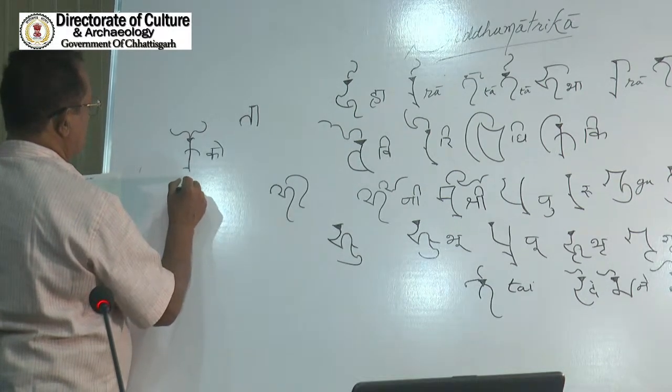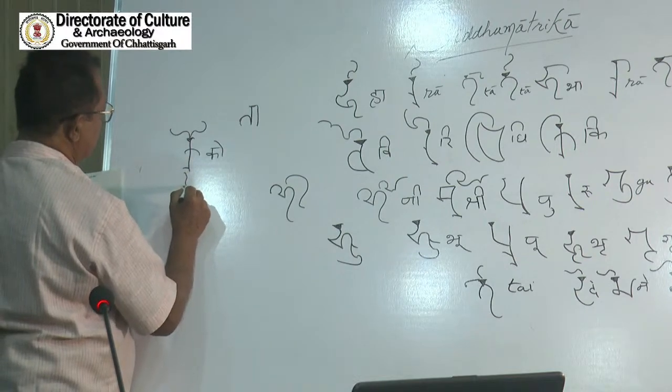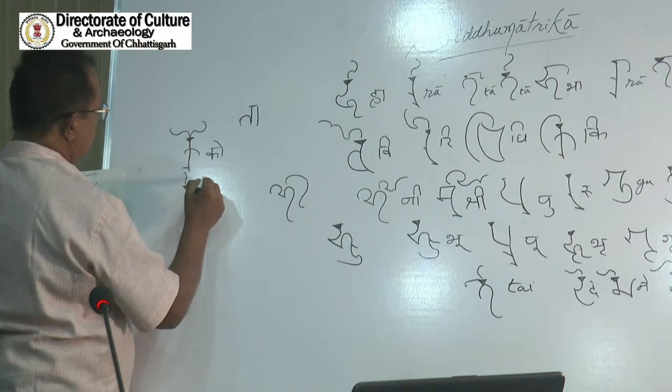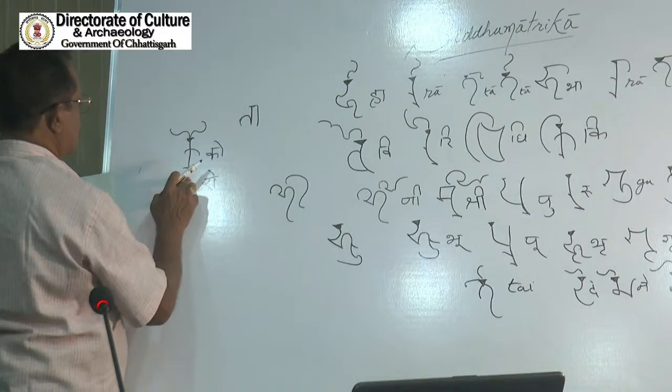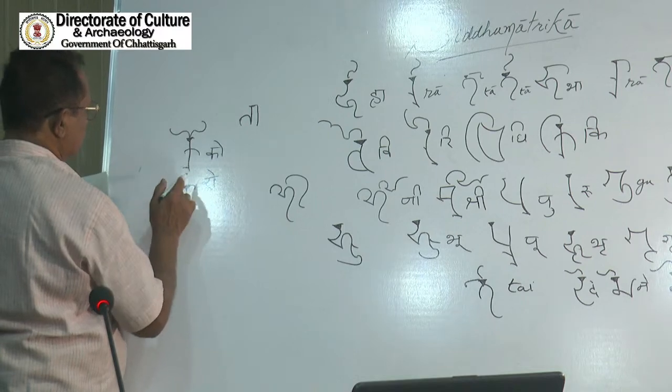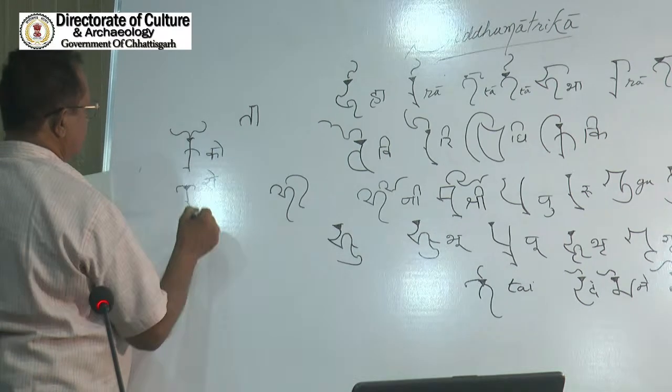They would write it above and also on the side. This also becomes ro. Or it can come like this also, to the sideways. Ro.